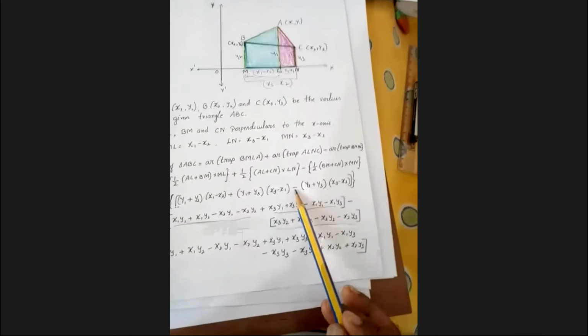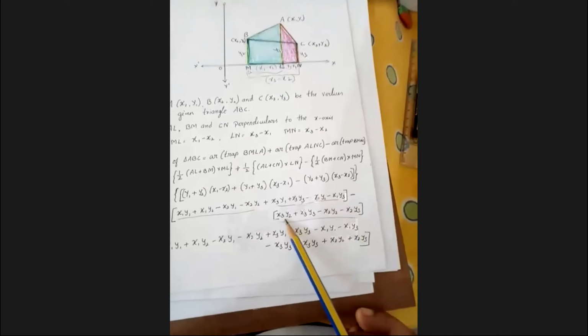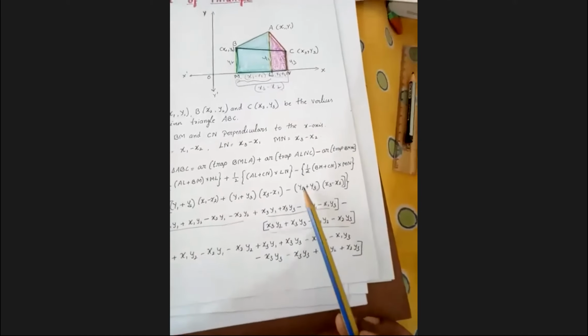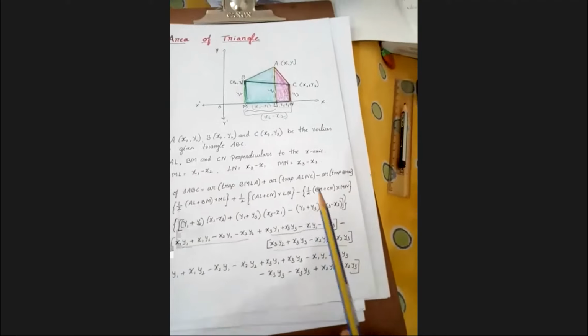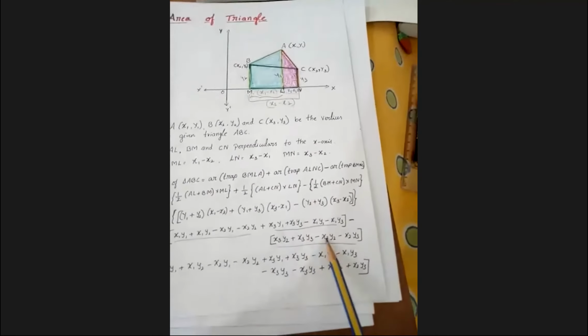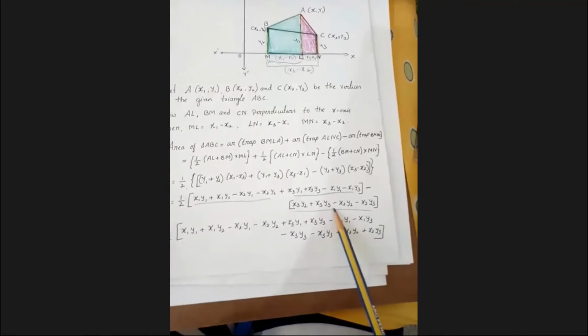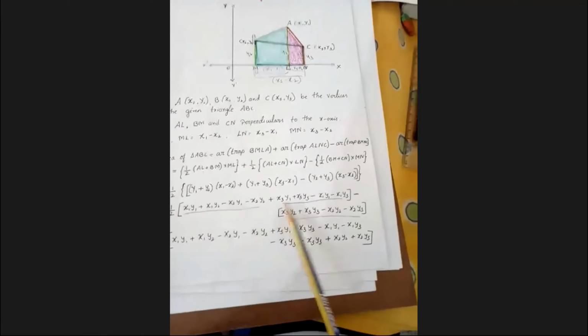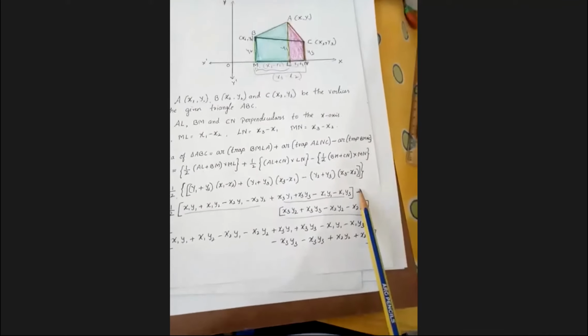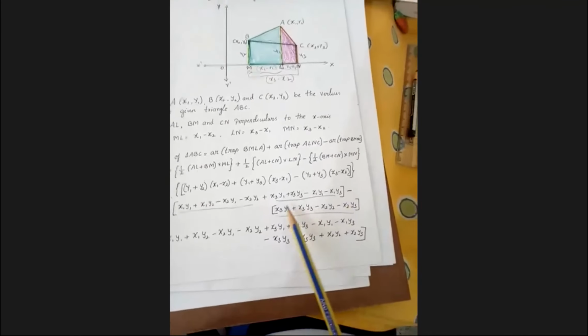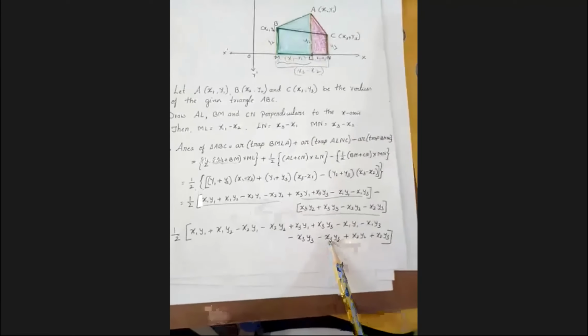Since it is a minus sign, I wrote this third area of trapezium, BMNC, separately, because I need to multiply with the negative sign. Then in the next step, I multiplied this negative sign to the entire 4 terms. I got this one. Am I clear, children?